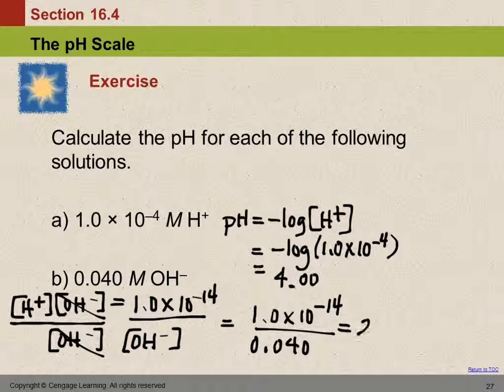That is 2.5 times 10 to the minus 13. That's the hydrogen ion concentration. Now we take the negative log of that. We can't do that one in our head, but the pH will end up being 12.60.